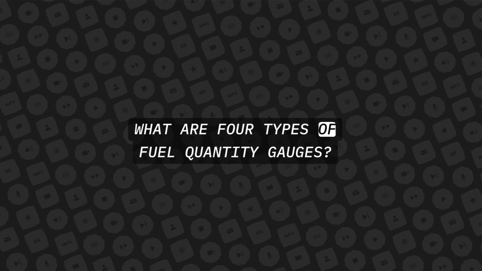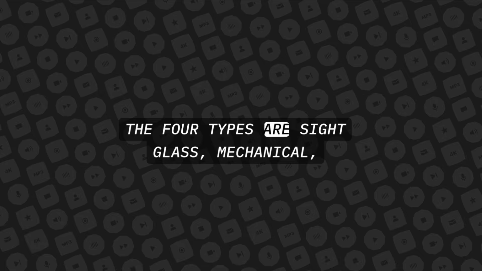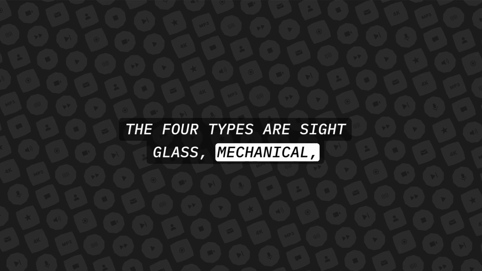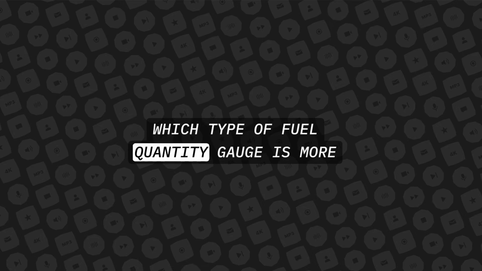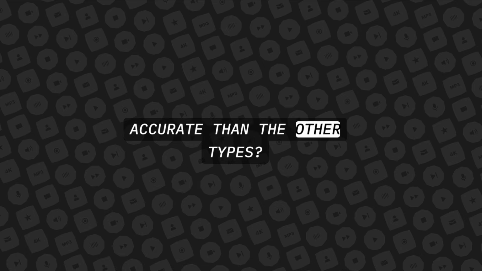What are four types of fuel quantity gauges? The four types are sight glass, mechanical, electrical, and electronic. Which type of fuel quantity gauge is more accurate than the other types?